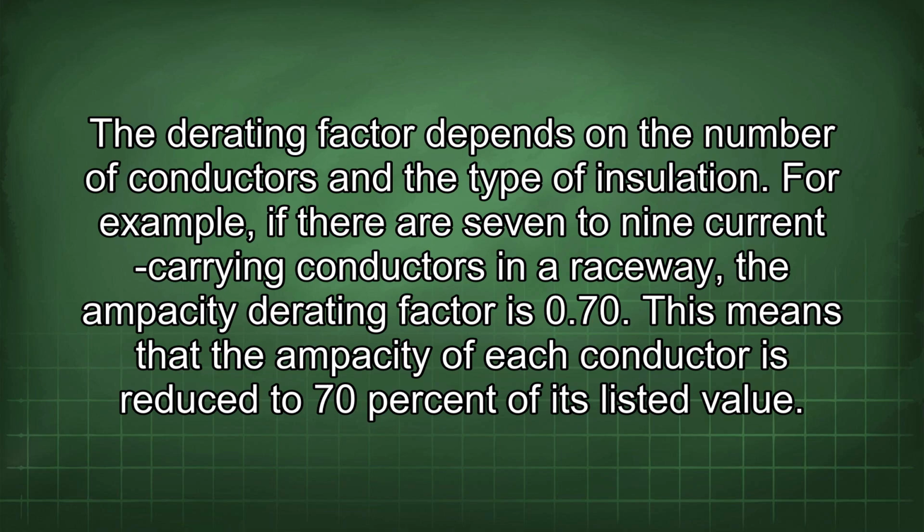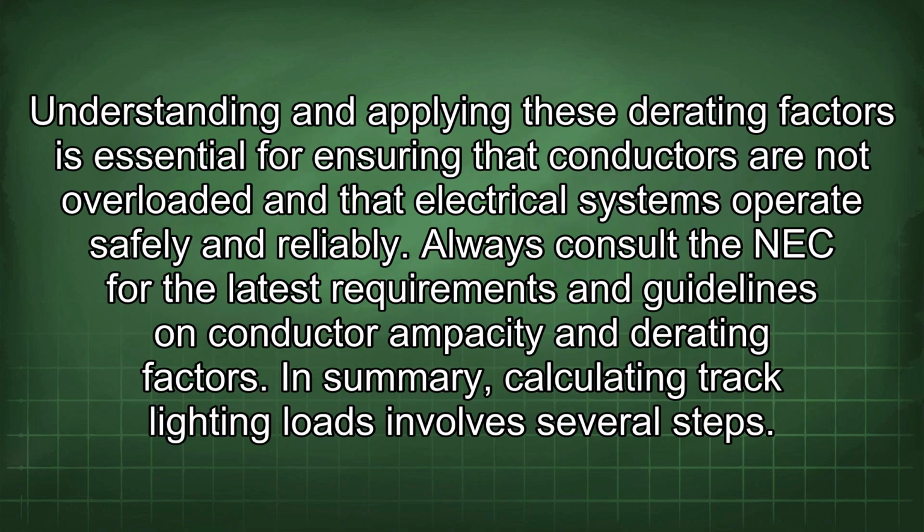For example, if there are 7 to 9 current-carrying conductors in a raceway, the ampacity derating factor is 0.70. This means that the ampacity of each conductor is reduced to 70% of its listed value. Understanding and applying these derating factors is essential for ensuring that conductors are not overloaded and that electrical systems operate safely and reliably. Always consult the NEC for the latest requirements and guidelines on conductor ampacity and derating factors.